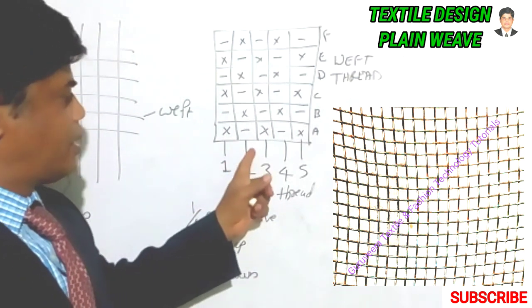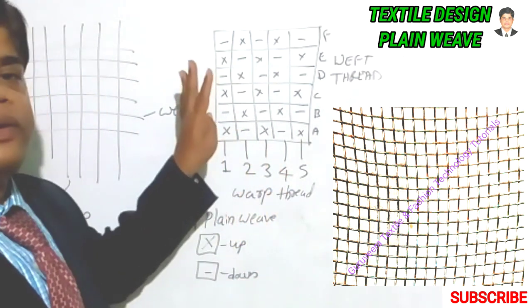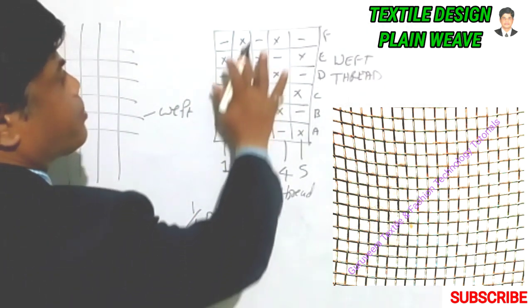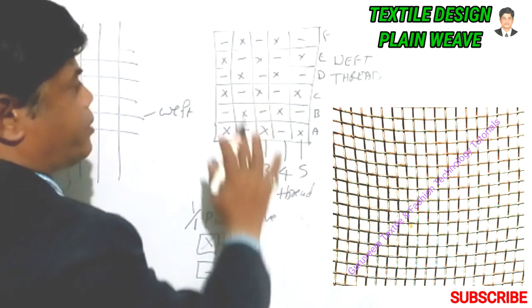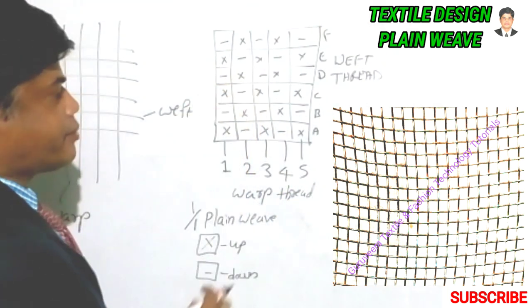The even-numbered threads, 2 and 4, go down, up, down. This is the warp thread in this way, that is, warp lengthwise. We are talking about the lengthwise fabric.